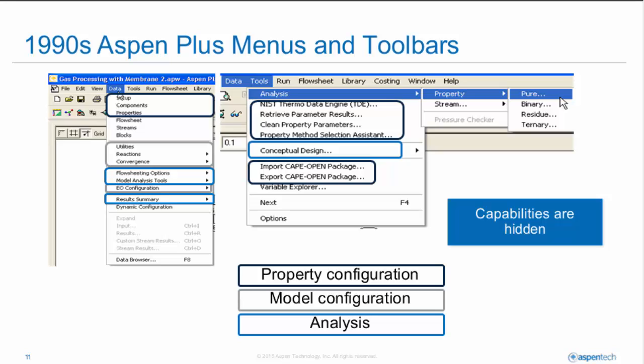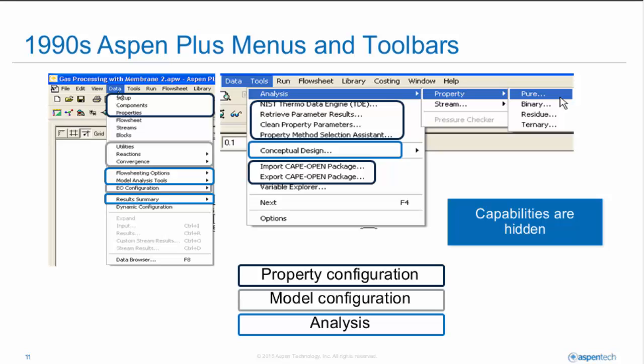In the beginning, it was very simple. There's a limited number of features and commands and things that you can do in Aspen. But over time, as the software evolved and we added new features and added capabilities, it became somewhat muddled with many different capabilities, lots of things under the pull-downs, and more or less in confusing order in some cases.